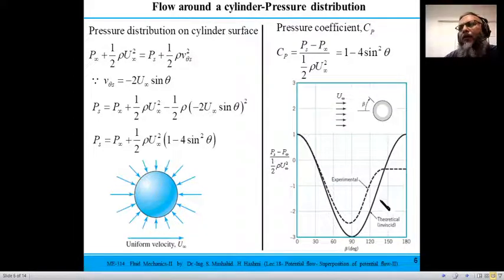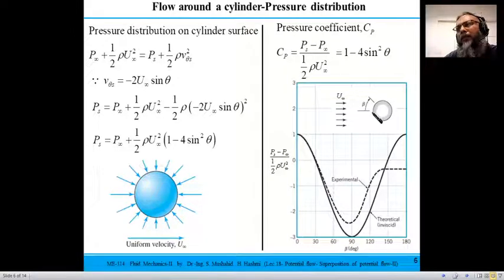Once you have a cylinder and flow over the cylinder is taking place, we see this typical symmetry. If you just take a half here, whatever the distribution on the left hand side, the same is on the right hand side. Or if you make it a half by drawing a horizontal line, whatever the pressure distribution above the surface of the cylinder, the same is below. They are perfectly symmetrical pressure distributions over the surface of the cylinder.